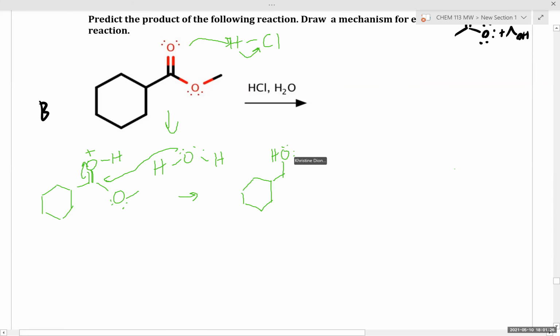From here, we now have to activate our alcohol as a leaving group via a series of proton transfers.